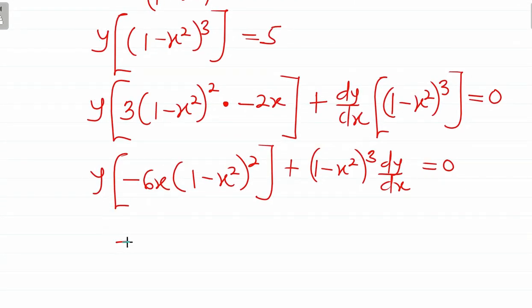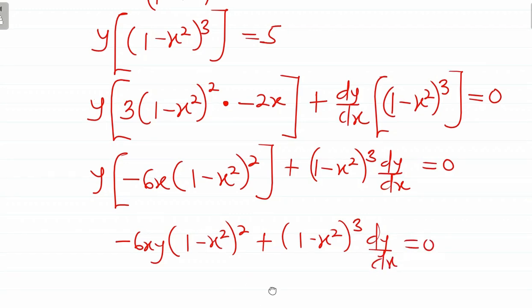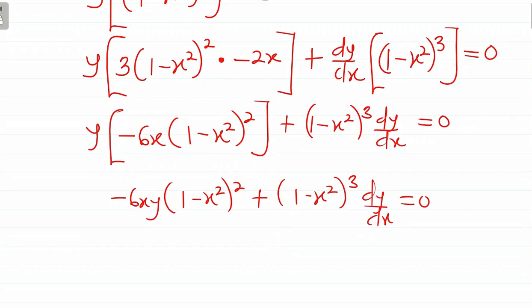That gives us minus 6xy, which multiplies (1 − x²)², and then we add it to (1 − x²)³ dy/dx. We can also remember that in the question we were asked to leave it in such a way that the 6xy be at one side, and the (1 − x²)³ dy/dx also comes at one side.